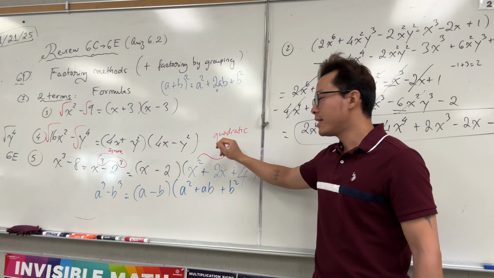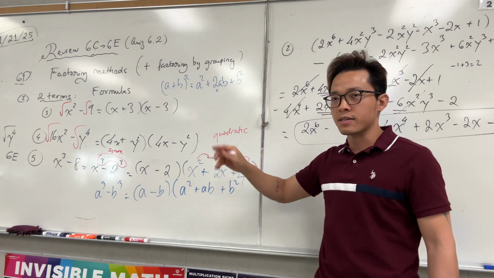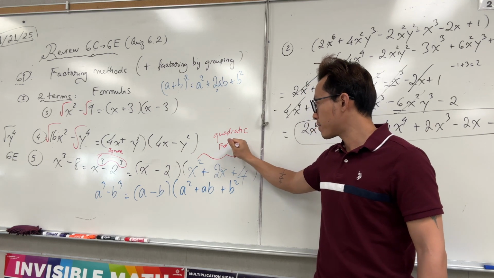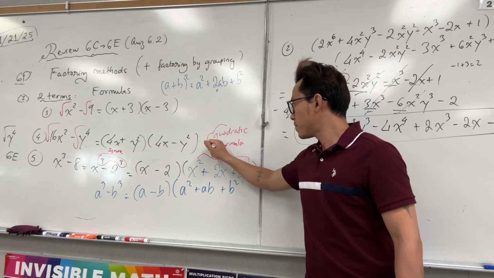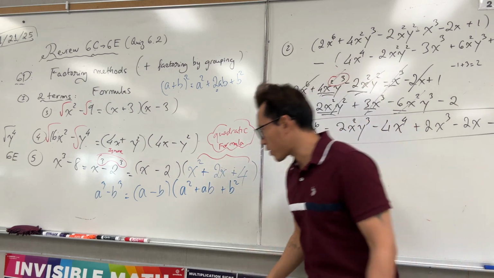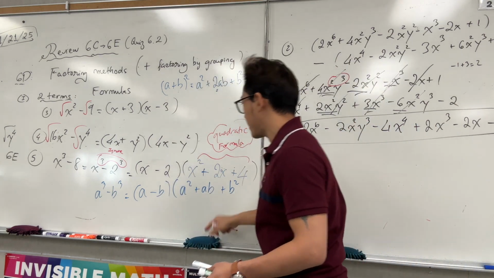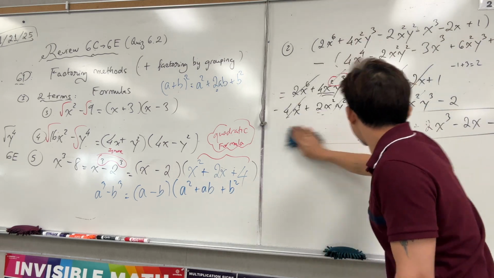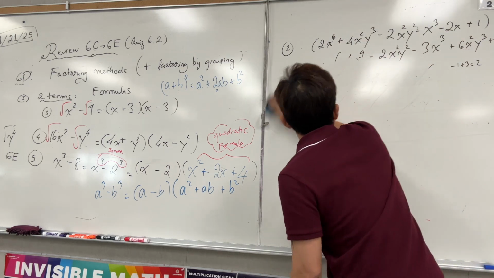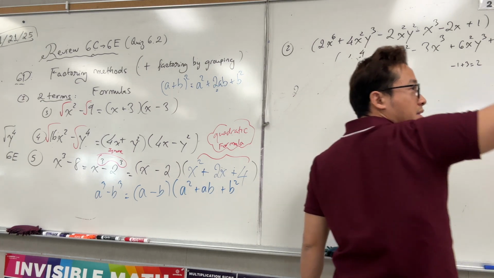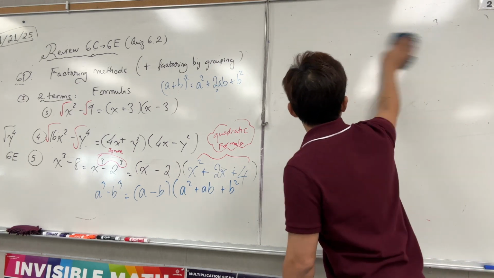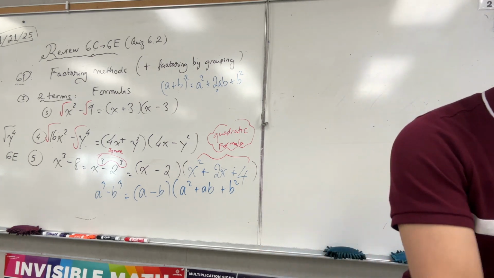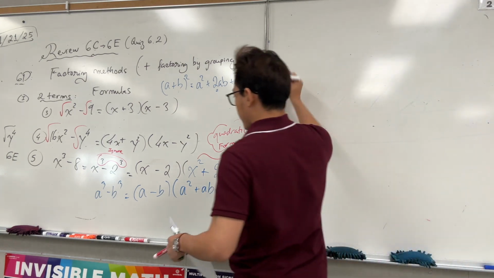Remember, if you're not sure how to solve them, the quadratic formula can solve everything. But to memorize the formulas is another story. It's right there, you can look at the poster. If you forgot, you can take a look at that.